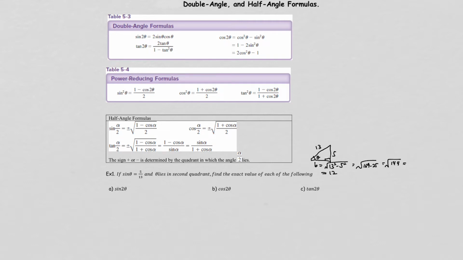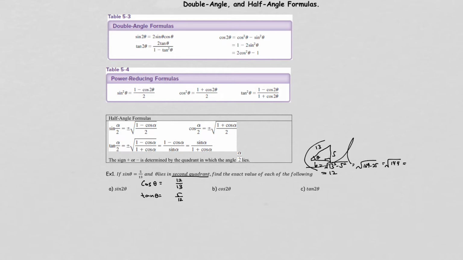So if we know all three sides, then we can find cosine and tangent. Tangent is 5/12. What about the signs?